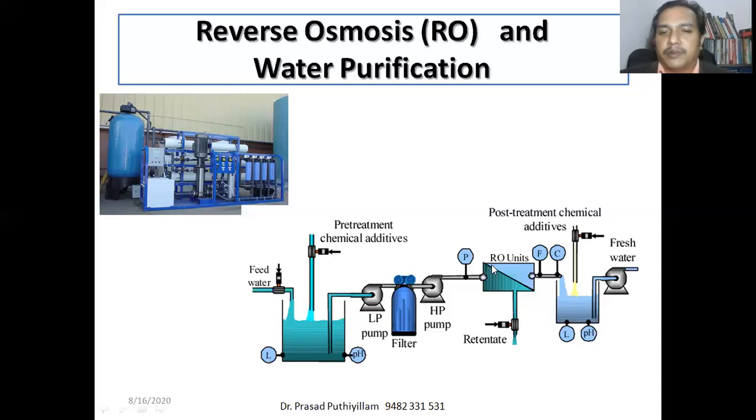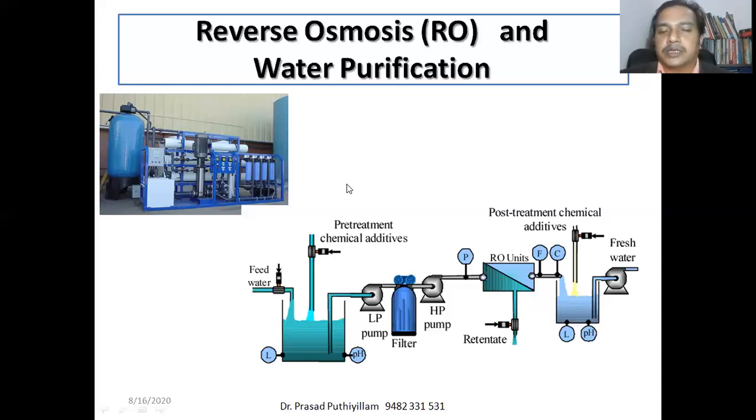Then a semi-permeable membrane is kept in a container, and the water will flow through the semi-permeable membrane to the fresh water, which is collected, given further treatment, and used as fresh water. The concentrated brine, the concentrated salt water, is removed through another channel. So this process continues to get more fresh water.